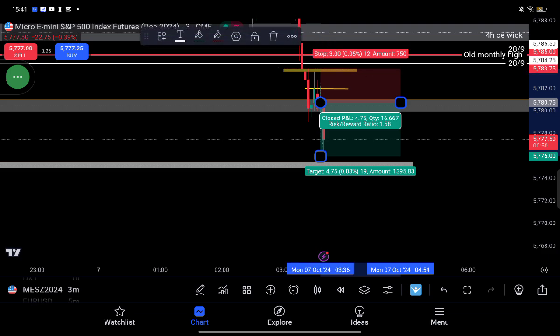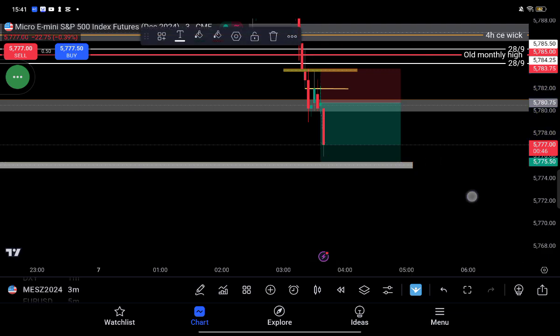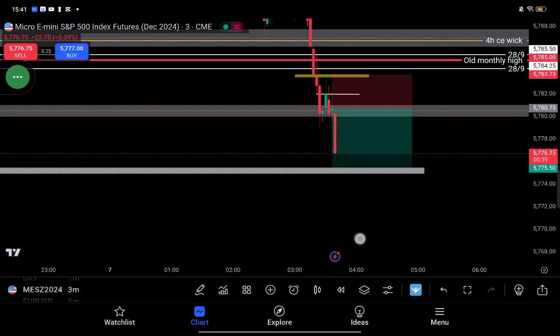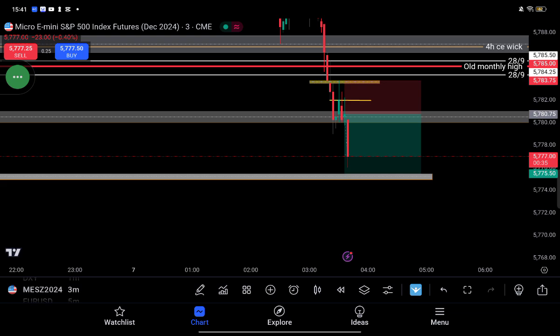So above the volume balance, and to this 15-minute BC is 5 handles. All you need is 5 handles. So that is another 500 run. But this is not the high probability condition.